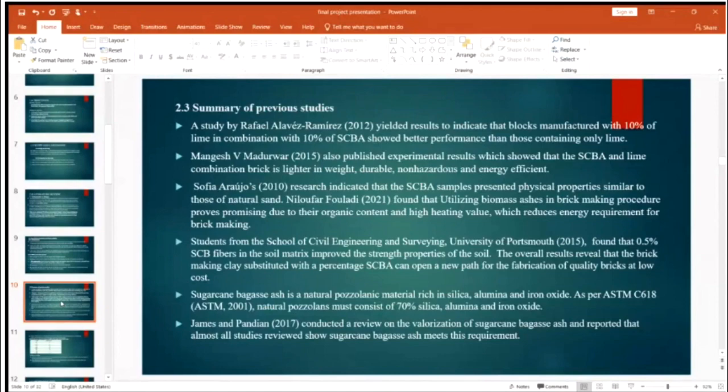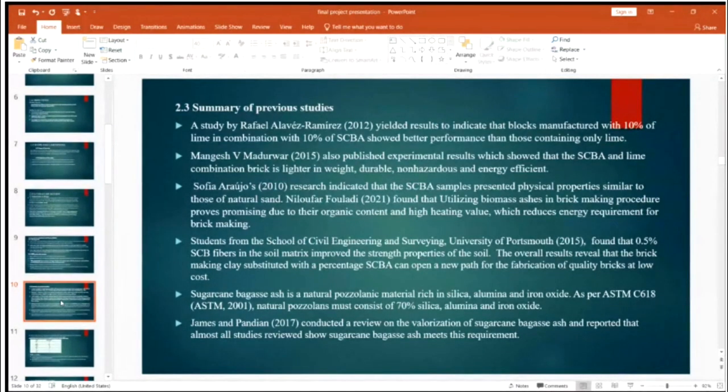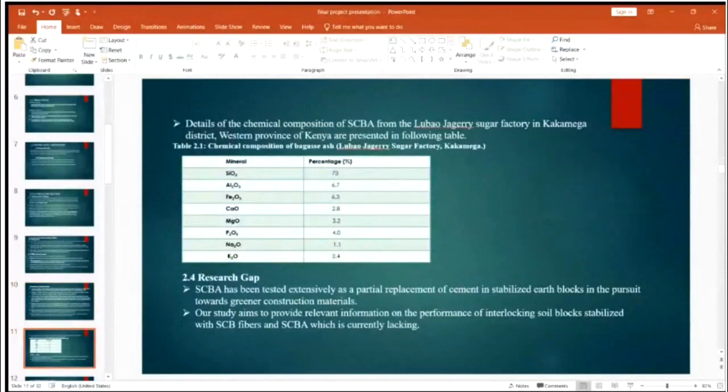For sugarcane bagasse ash, a few studies have shown it to be a pozzolanic material that, according to ASTM 618, natural pozzolans must consist of 70% silica, alumina, and iron oxide. According to this chemical composition, provided by the sugar factory from Kakamega, sugarcane bagasse ash meets those requirements for a pozzolanic material that can be used as a stabilizer.